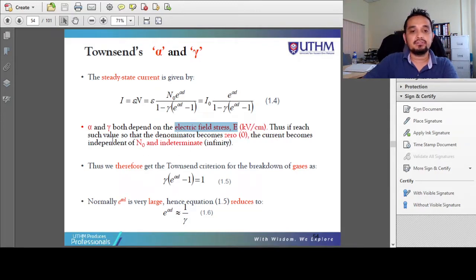This means alpha and gamma depend on the external applied voltage from the circuit. And if the denominator becomes 0, the current will become independent of n naught.